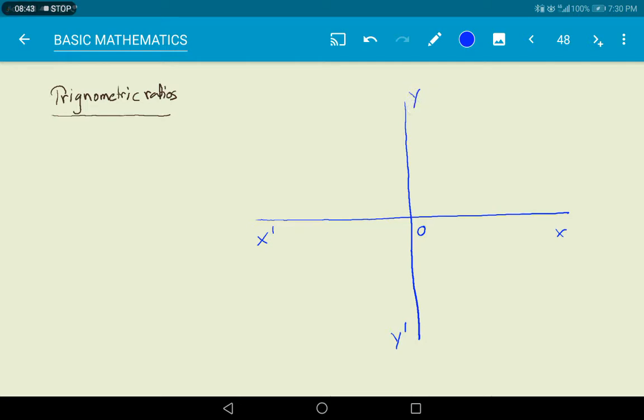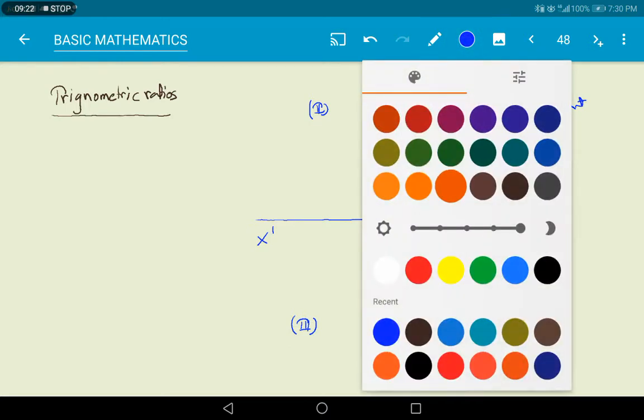They are intersecting at a point O. These two lines divide the plane into how many equal parts? 4 equal parts, and each part is known as a quadrant. A quadrant is nothing but the fourth part of the plane. So this is the first quadrant and second quadrant, third and fourth quadrant. Let us take a line in these 4 quadrants.